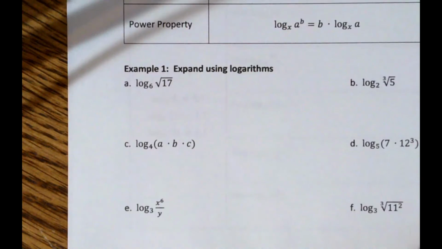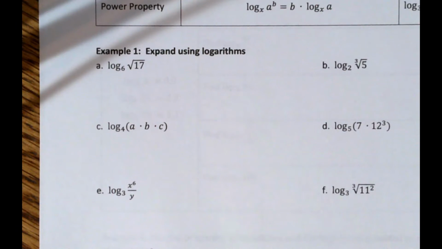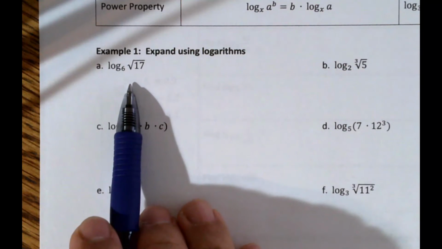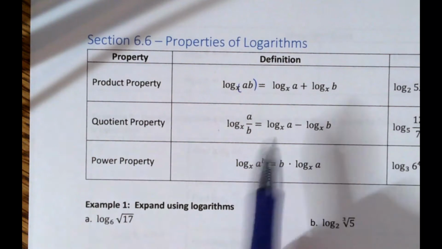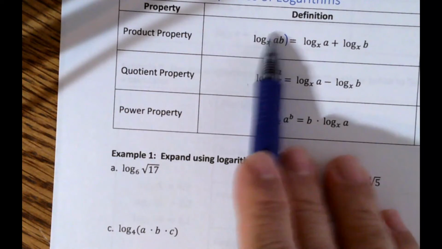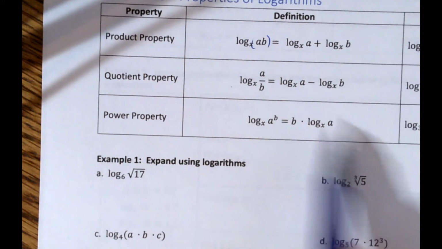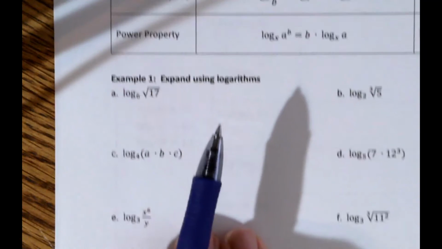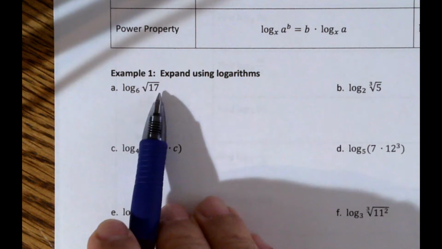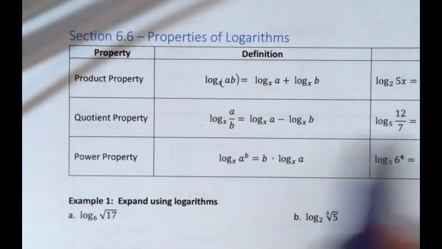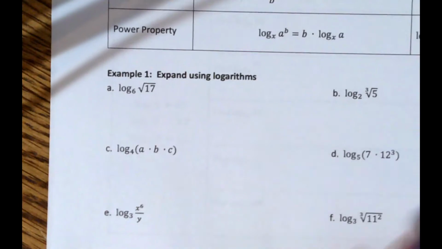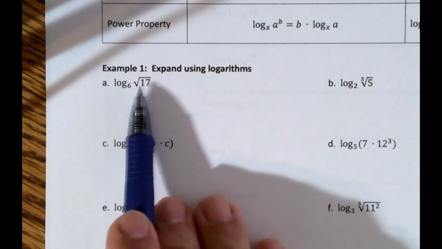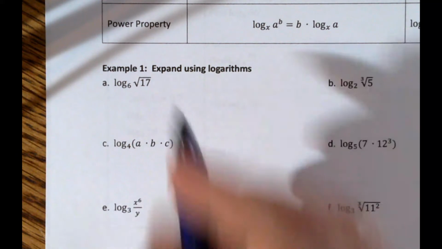All right, so let's do several examples here. You're going to apply the rules of logarithms. We're going to be given the left side and we're going to separate it out into these other properties. So in the first example, you might say, well, there's no square roots up here. You're right, there is no square root up here. However, recall, not too long ago, if you had a square root, you can rewrite it as an exponent.